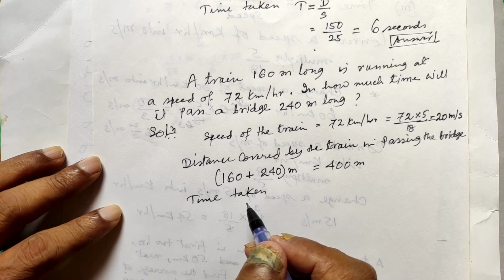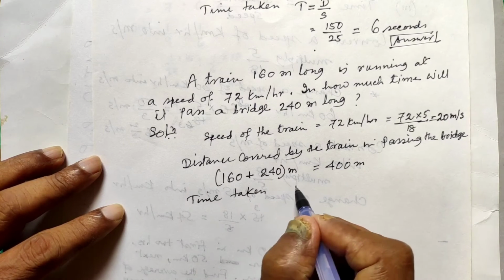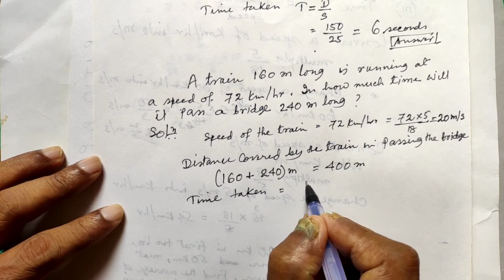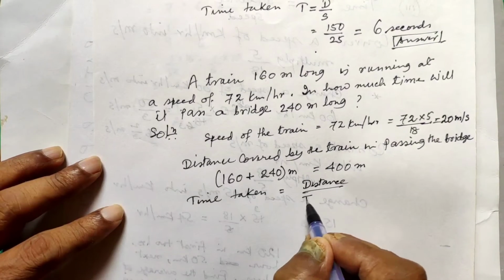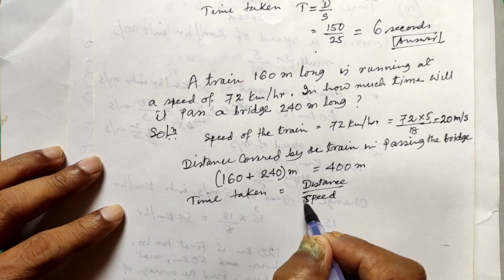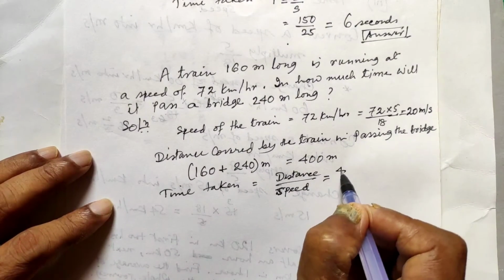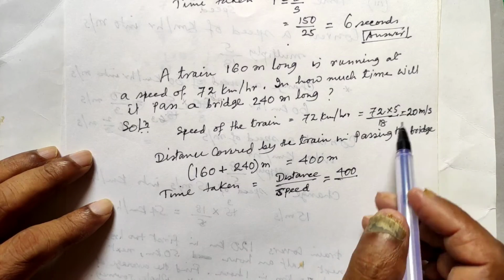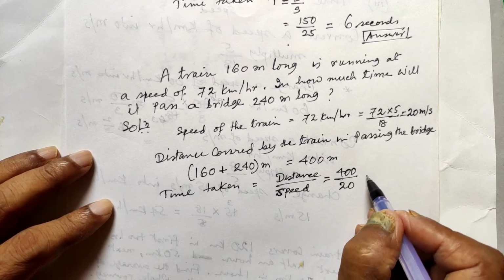So, now time taken, as I told you, that formula is very simple. We have already done in our previous sum that time is distance by speed. So, what is the outcome? Let us see, distance is 400 and our speed was 20 meter per second.